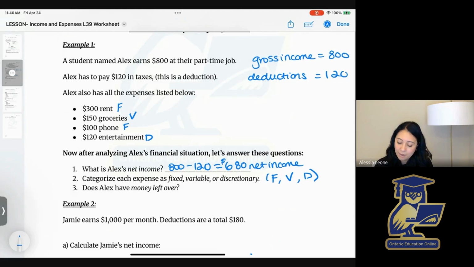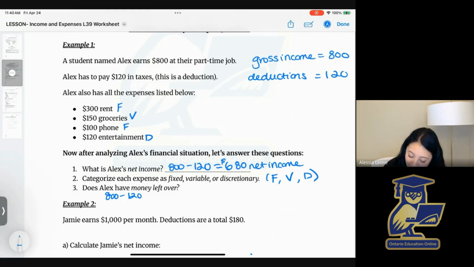Does Alex have money left over? So let's do some calculations. If we take the 800, we take away his deductions, and then we have to minus all his expenses.